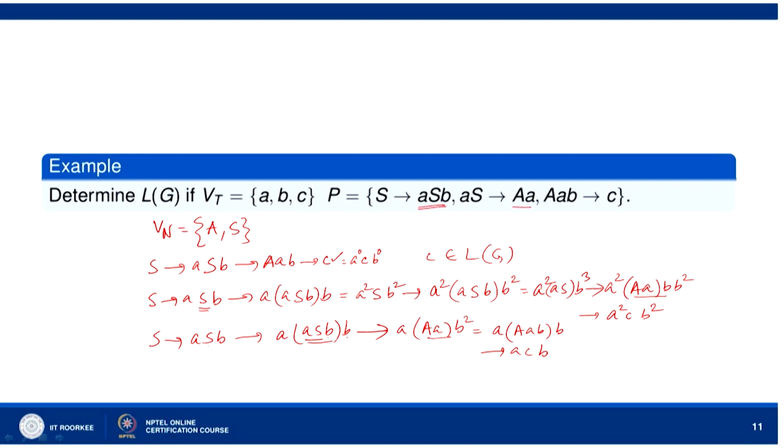So, we can see that by using these production rules we will get, on either side of c, the same power of a and b, that is here a square, here b square. So, we will have L(G) equal to a to the power m c b to the power m, where m is a non-negative integer.